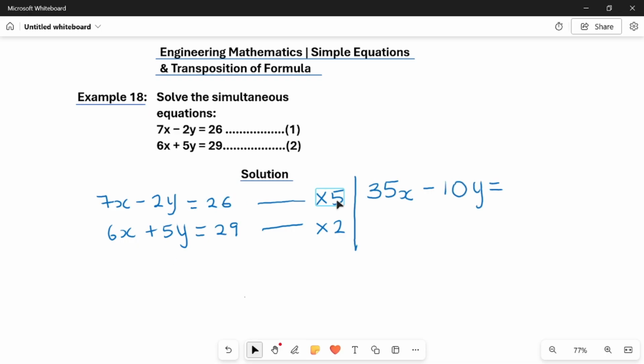We have 5 times 26, which gives us 130. We now have 2 times 6x, which gives us 12x. We also have 2 times 5y to give us plus 10y equals to 2 times 29, which will give us 58.